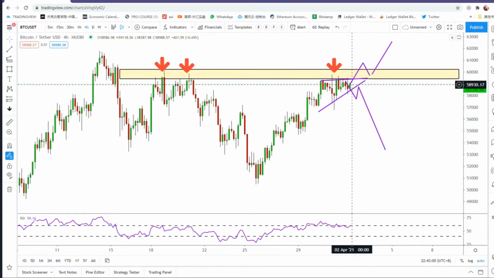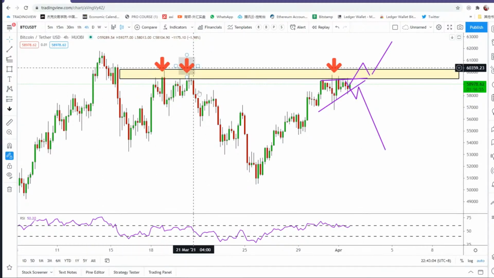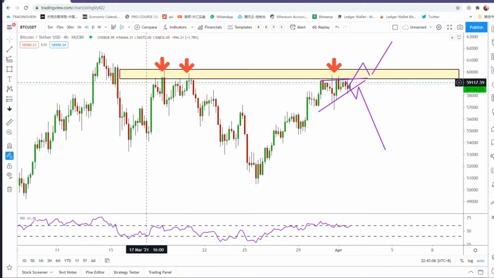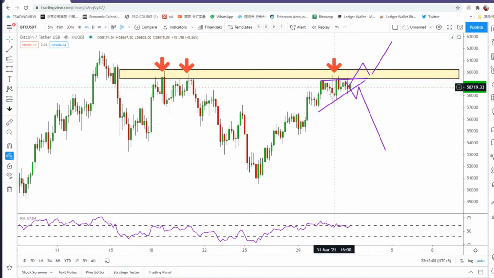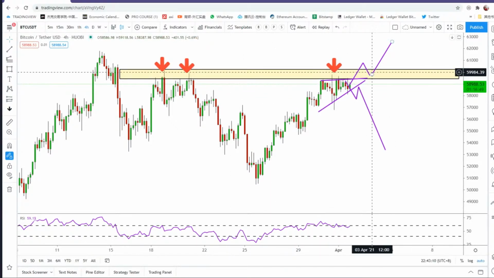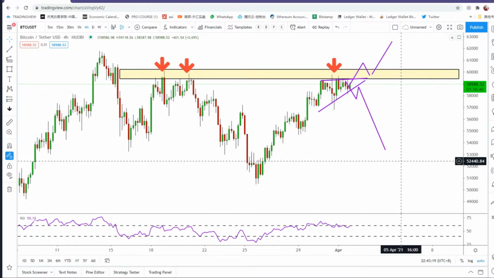I will choose to sell the breakout and pullback, because I think this part has been a strong supply zone for the Bitcoin. If people are buying at this high place, they will be easily trapped when the institutional people are selling quite heavily from here.